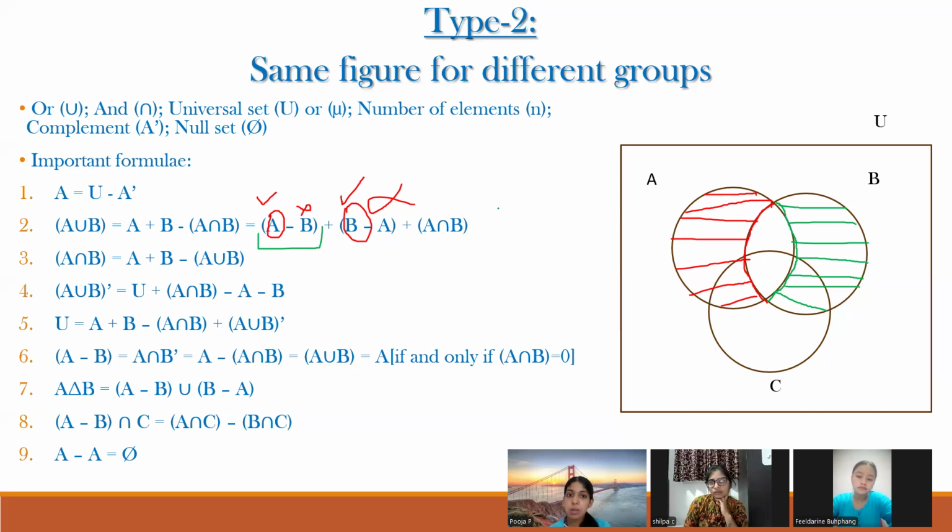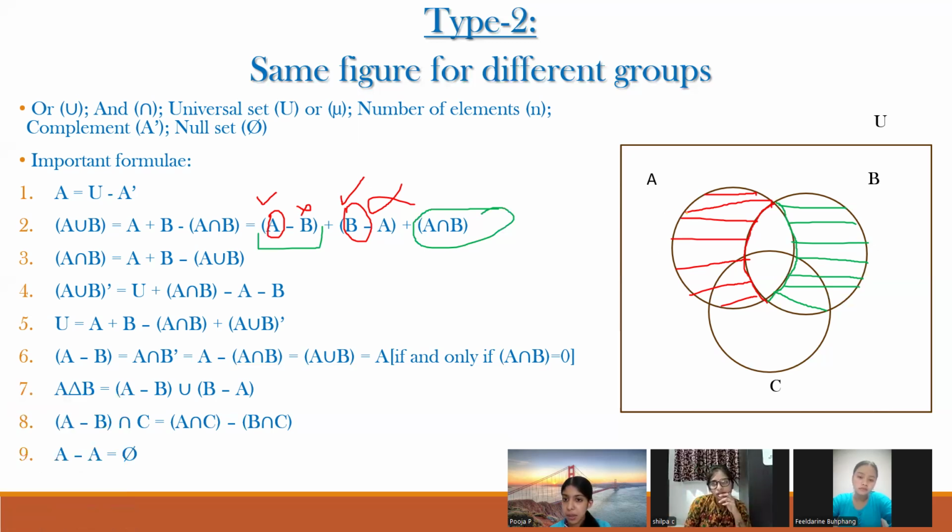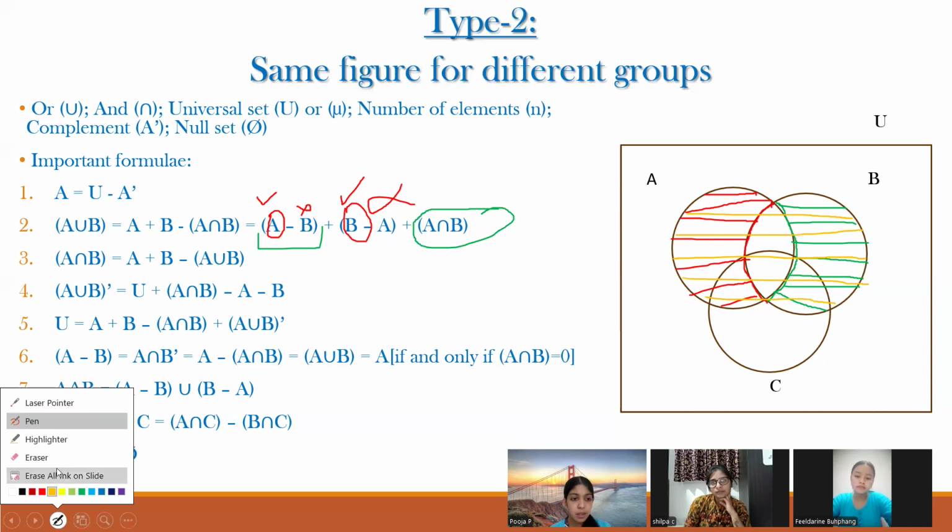So that is why we have taken A intersection B. So that way it will make the union. You will get the answer for A union B, this entire thing. Since you're counting the intersection now, this entire thing will give you A union B. Got it? Yes, ma'am. Okay, so the second formula is done.